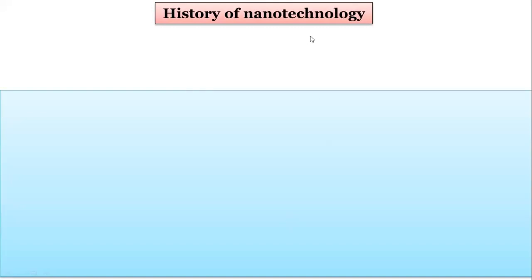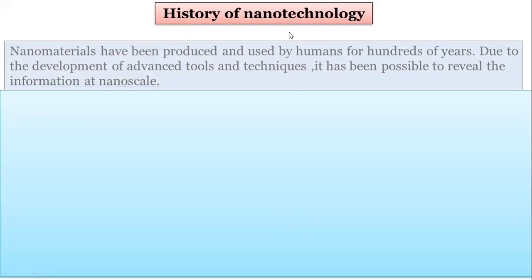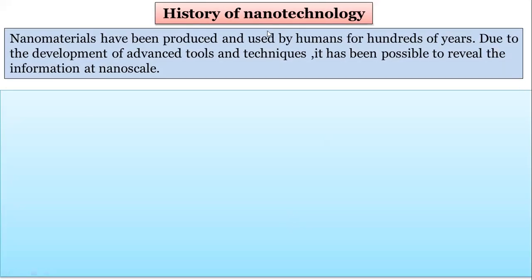Now this history of nanotechnology, this is for your examination. So I'm going to start this history of nanotechnology. Nanotechnology has some history. Nanomaterials have been produced and used by humans for hundreds of years.